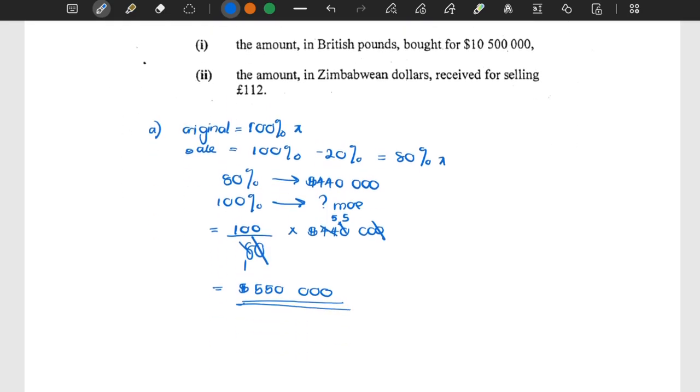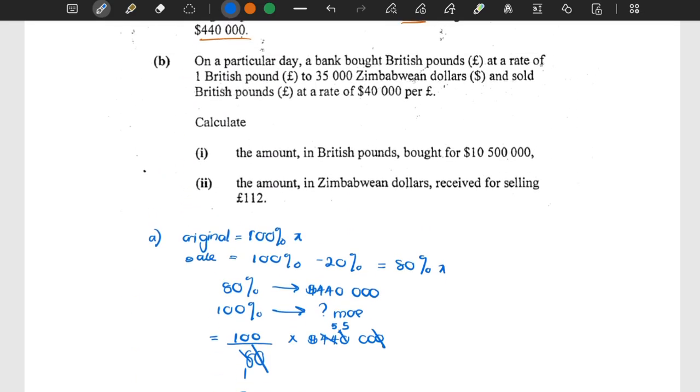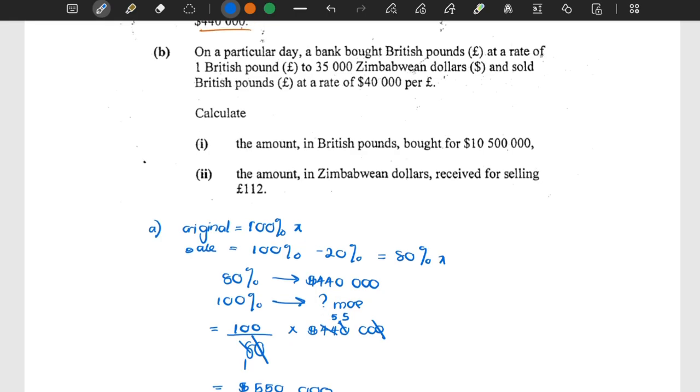Great. Then we have part B, which says, on a particular day, a bank bought British pounds at a rate of 1 British pound to $35,000 and sold British pounds at a rate of $40,000 per pound.